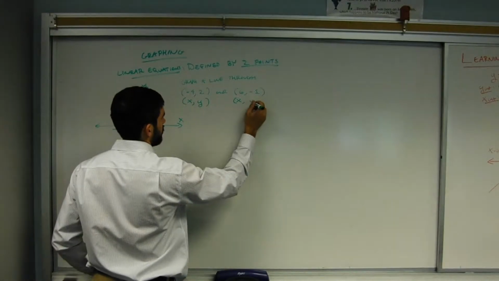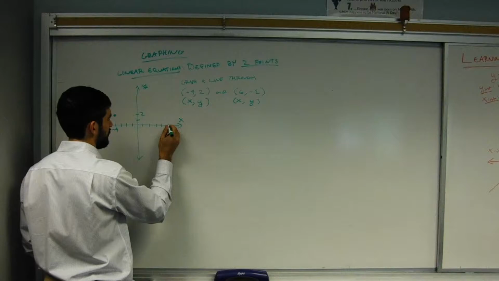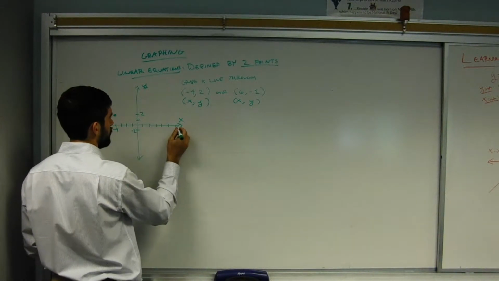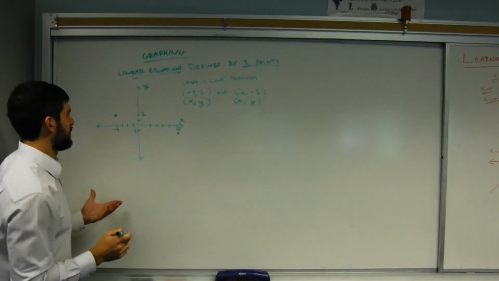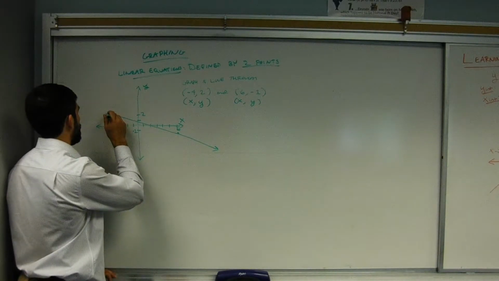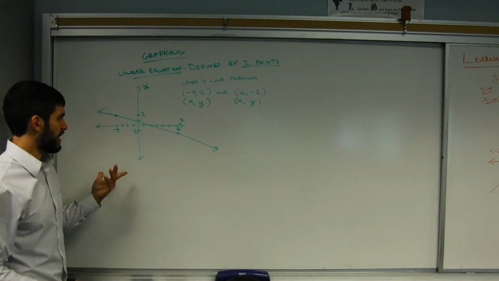For our second coordinate, if x is positive 6, we go 1, 2, 3, 4, 5, 6. If y is negative 1, we go down 1. Then just draw a straight line through both of those points. And voila, we have our graph.